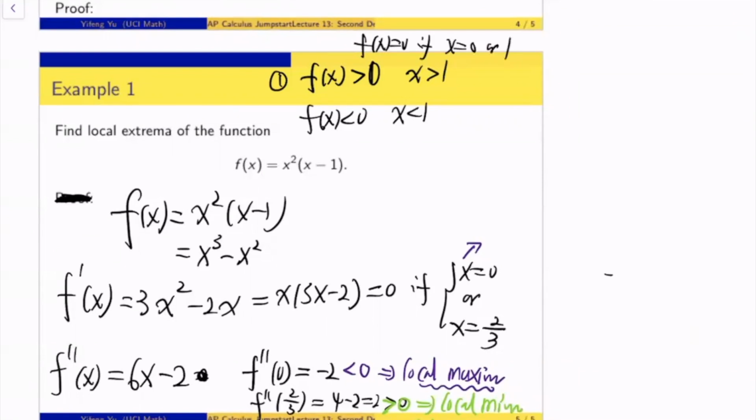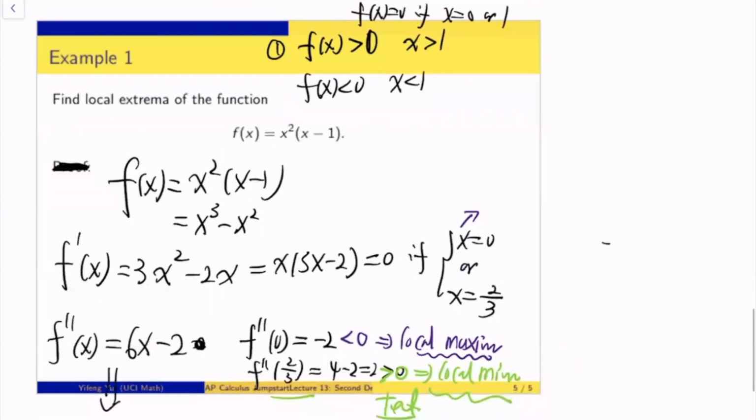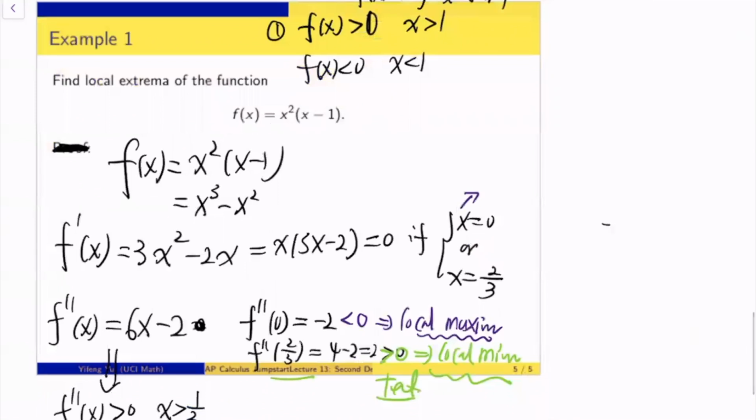Now let's look at the concavity. The second derivative is bigger than 0 if x is bigger than 1/3, so the graph is concave up, and less than 0 when x is less than 1/3, so it is concave down.